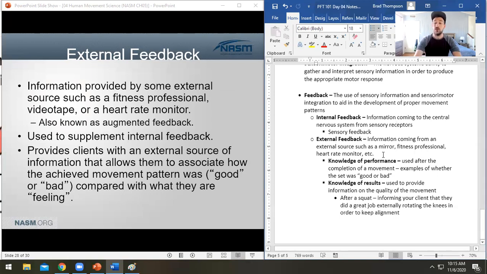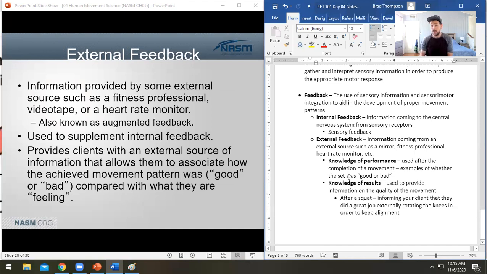External feedback is like a heart rate monitor: my heart rate is currently 80 beats per minute. This watch is telling me what my heart rate is. A mirror, looking at yourself and being like, holy crap, I'm not straight. That's external feedback. All of those things, anything from an outside source.